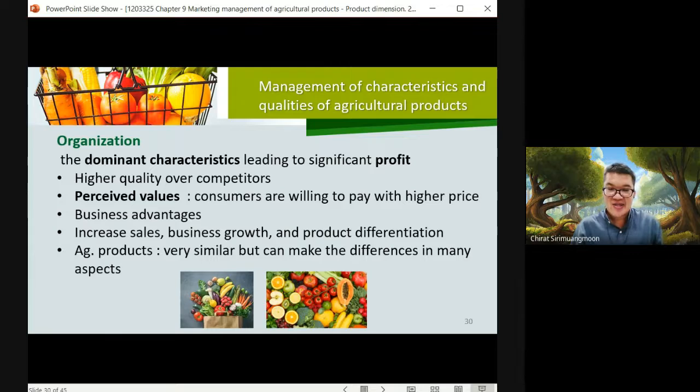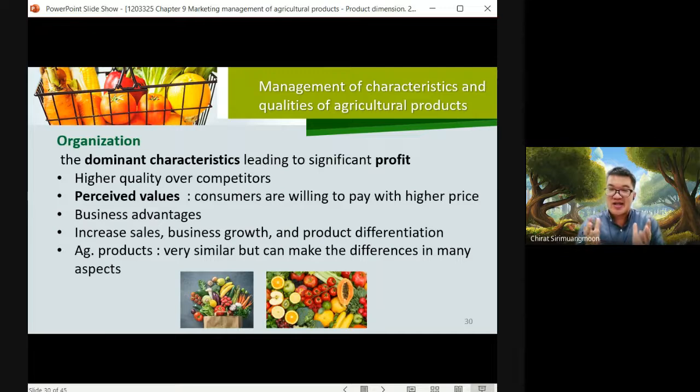And then think about business advantage. What is good that you have over the other competitors? You might have a good product characteristic, and you also have a method that can make it available, not like the other brand. You need to think about increased sales, business growth, and product differentiation.